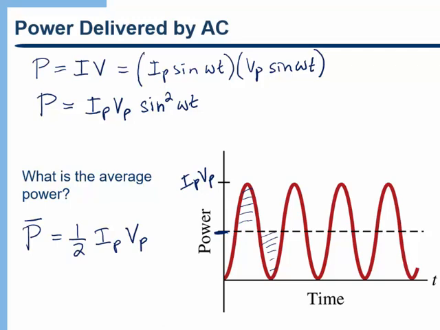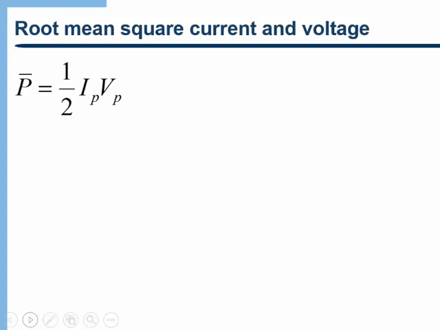Okay, well, the thing is, we want power to be just current times voltage, right? Because that's our definition of power. So we want to rewrite this using new terms. We're going to define something called the root mean square of the current and the voltage. The root mean square of the current is the peak current divided by the square root of 2.